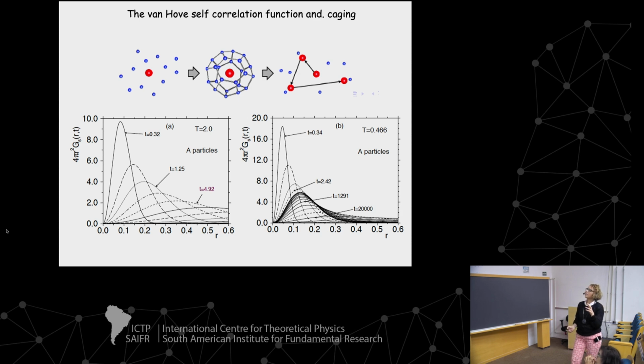Okay. And of course, as the time gets longer and longer, the probability that I, who started to move at r equal to 0 and time equal to 0, have explored a certain distance around the place where I started, is distributed over larger and larger space as time progresses.